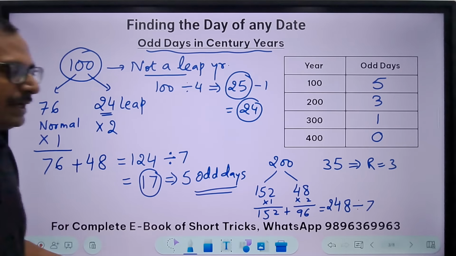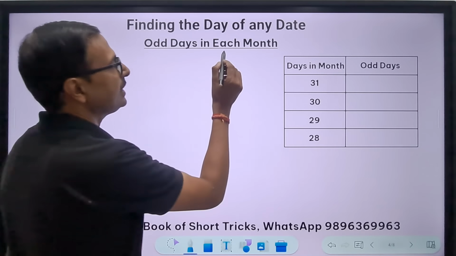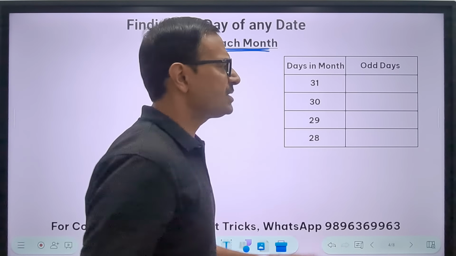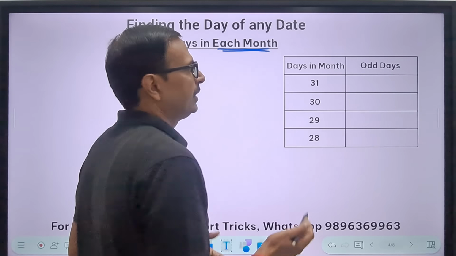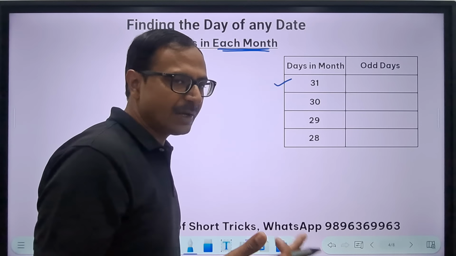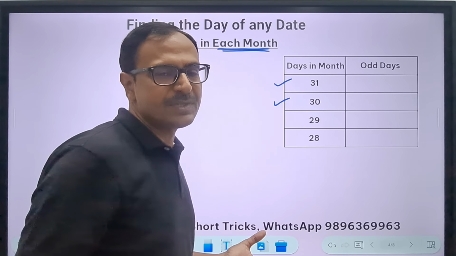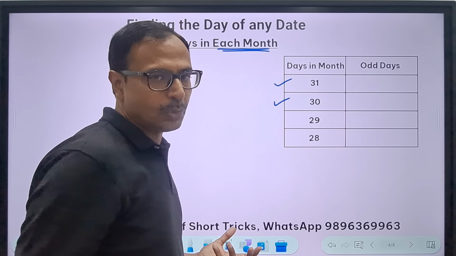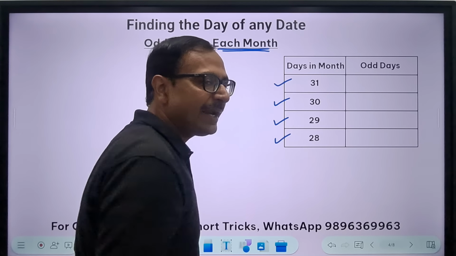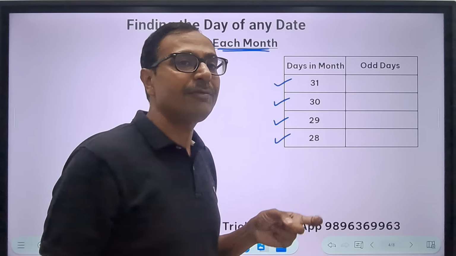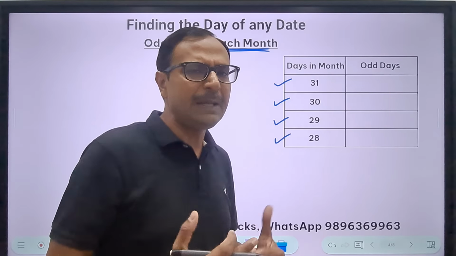After the years, let's move on to the next concept, that is odd days in each month. This is pretty easy actually. A month either has 31 days just like January, March, either it has 30 days just like April, June, or it might have 29 or 28 days depending on February having 28 or 29 days, leap year or normal year.